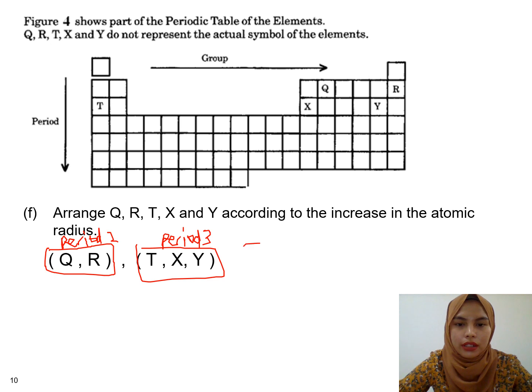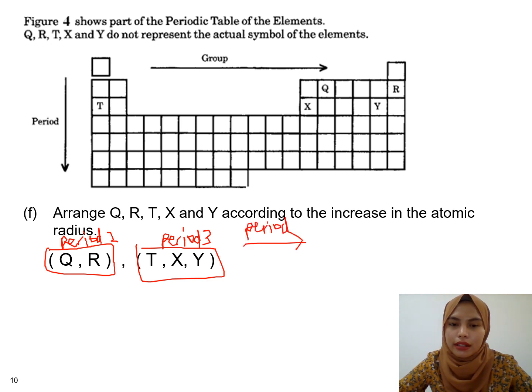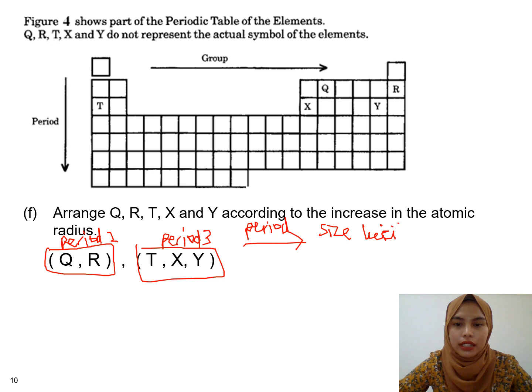You tahu kalau across the period, size makin lama makin kecil. Tapi kalau down the group, size makin lama makin besar. Dia kan nak suruh kamu susun in the order of increasing atomic radius kan.